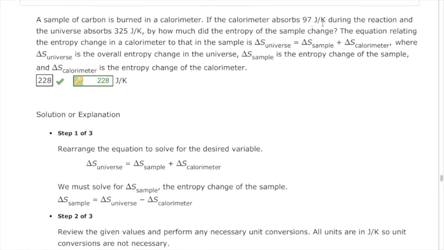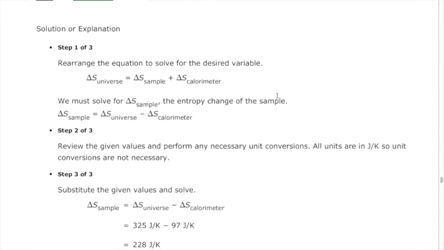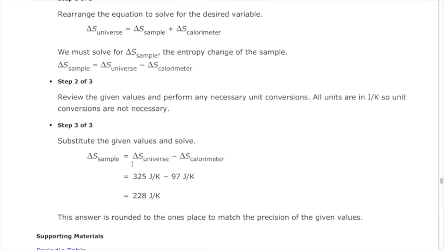So 97 joules per Kelvin for the calorimeter and 325 joules per Kelvin for the universe. This is just a rearrangement of this equation. We've isolated sample on its own and plugged in for calorimeter and universe, which are given in the problem. And we get 228. So just be aware of that equation. That's all you have to do with that.